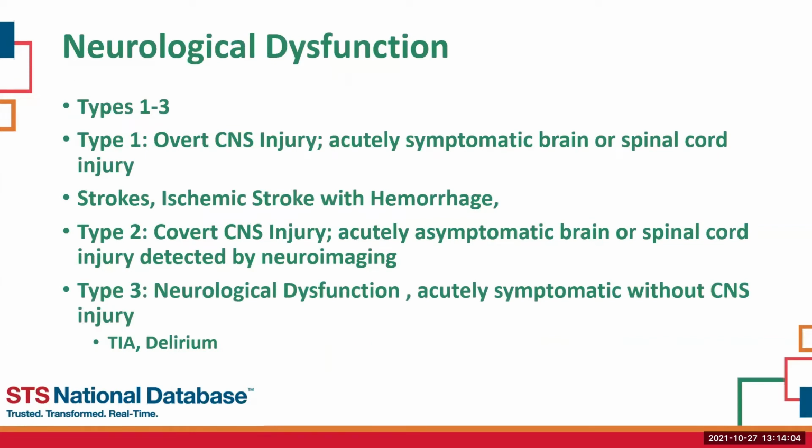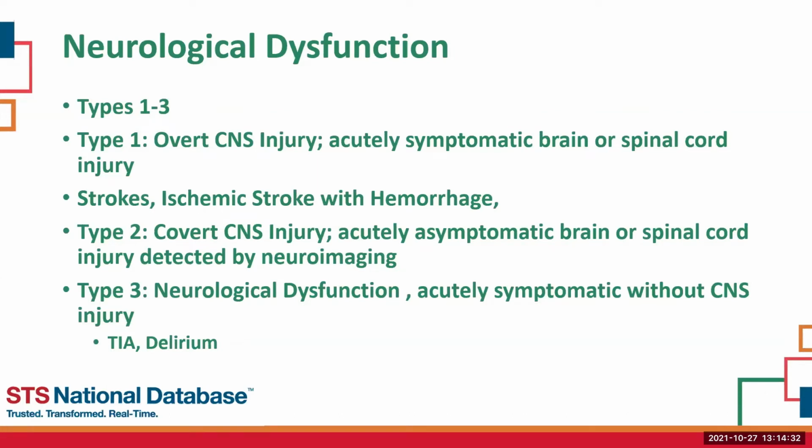Okay, our next AE we'll review is neurological dysfunction. This has also been broken down into types. And I think they're a little more clear cut since we have the types. We have types 1 through 3 for neurological dysfunction. Type 1 is overt CNS injury, acutely symptomatic brain or spinal cord injury. So your strokes, ischemic stroke with hemorrhage.